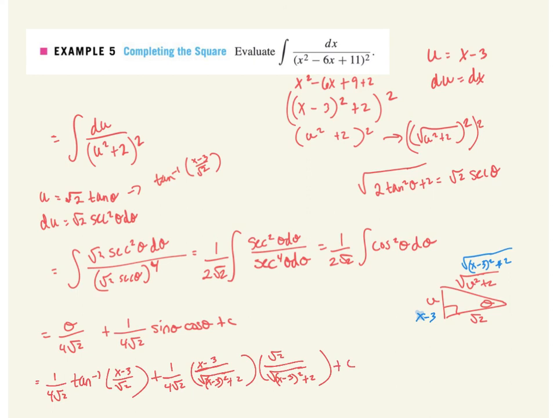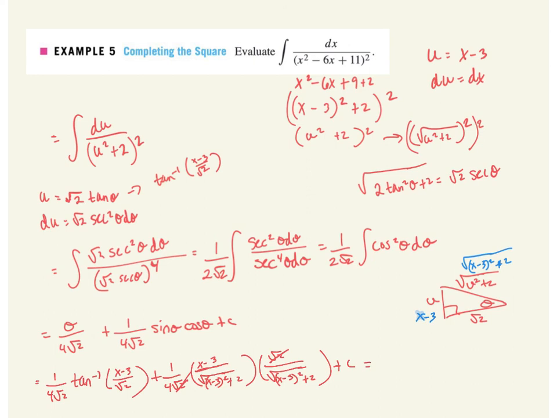Okay, so I can lose the root 2's. The square roots would cancel when I simplify this.